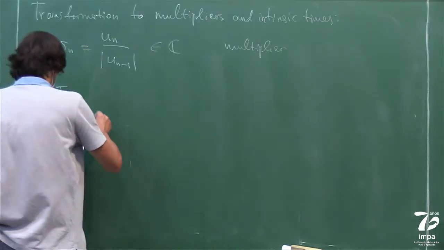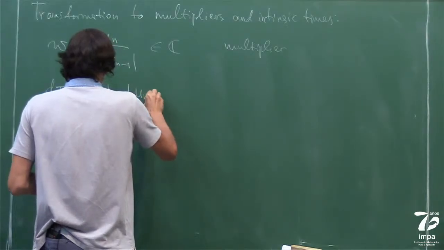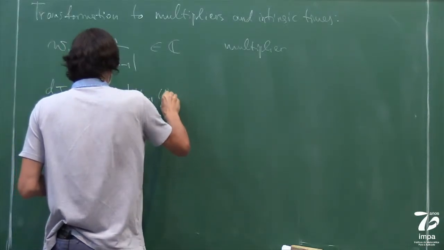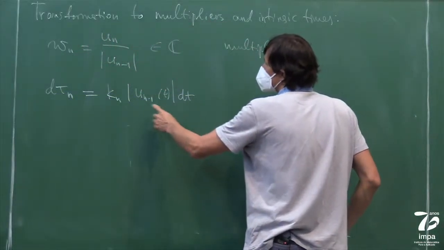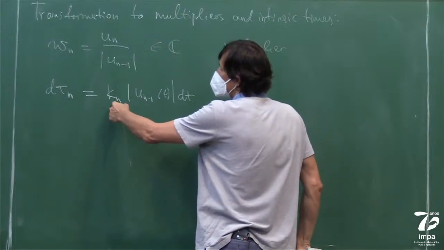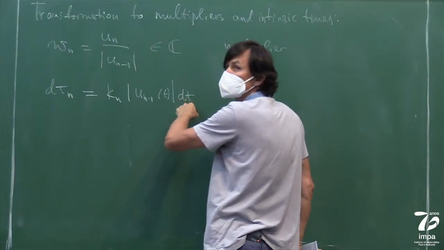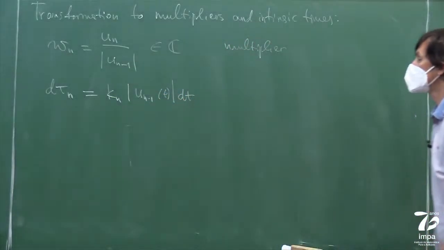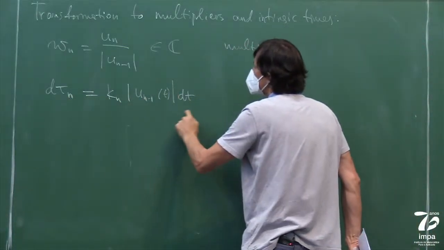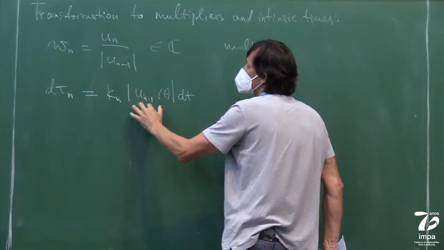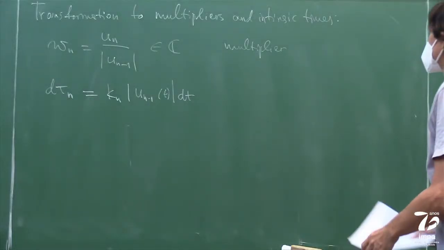The way to do it is you take kn, un minus 1 of t, dt. You see this is a dimensionless quantity because this is wave number, so it's 1 over length, this is length divided by time, and multiplied by time. So we define the intrinsic time by making time dimensionless with respect to the quantities at scale n or nearby n. So this is intrinsic time.